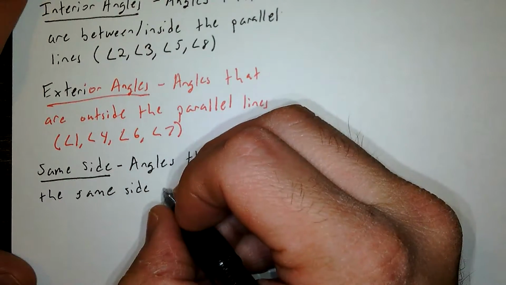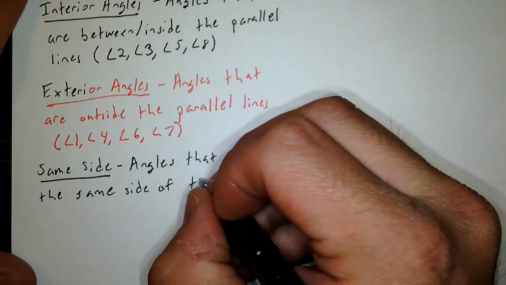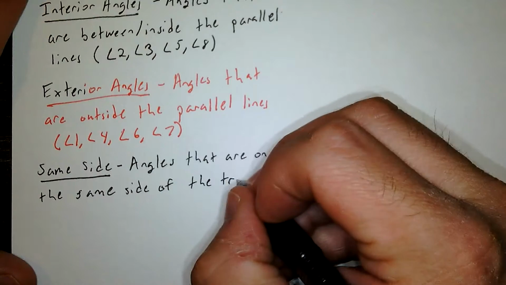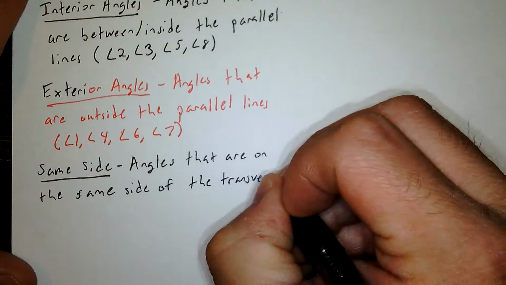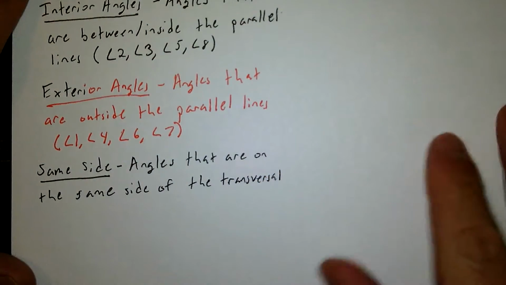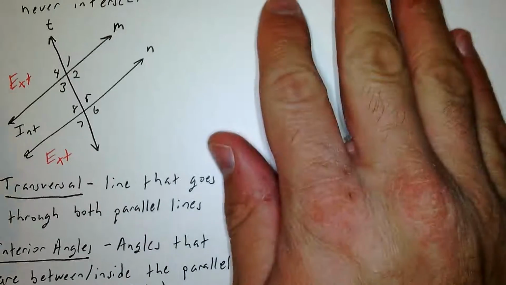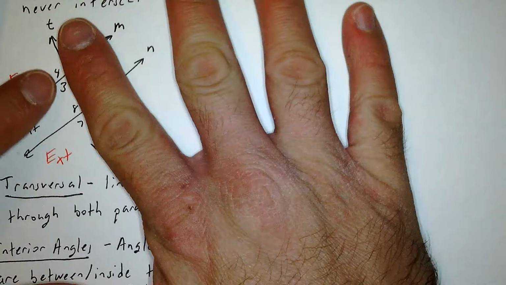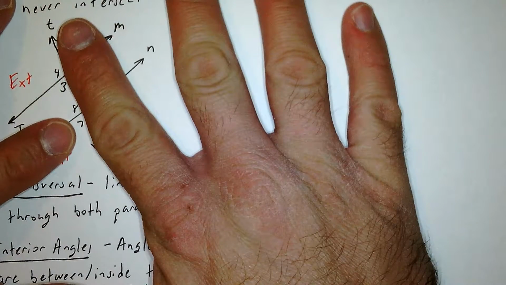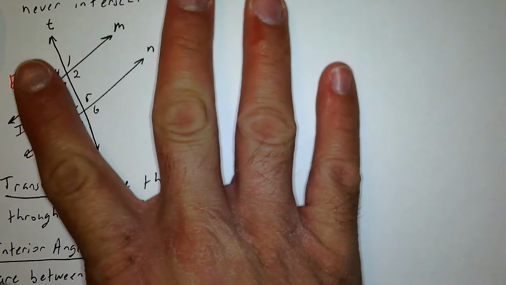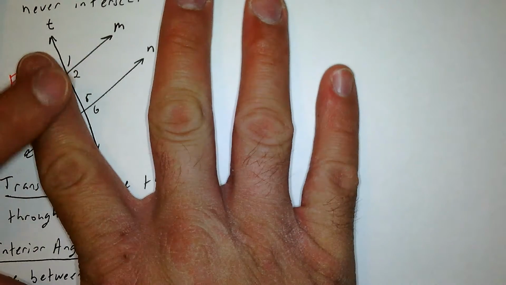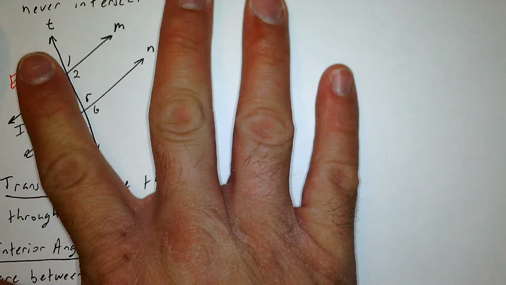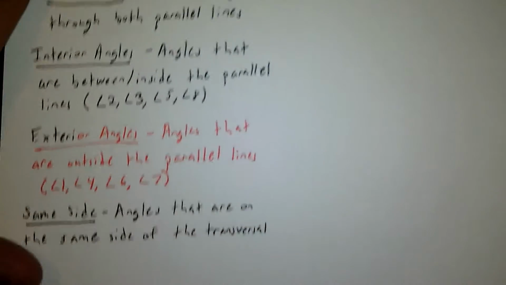Well, they're on the same side of the transversal. So in this case, if I were to cover up this side of the transversal, angle 4, 3, 8, and 7 are all considered the same side. And if I were to cover up the other side of the transversal, angle 1, 2, 5, and 6 would be considered the same side.